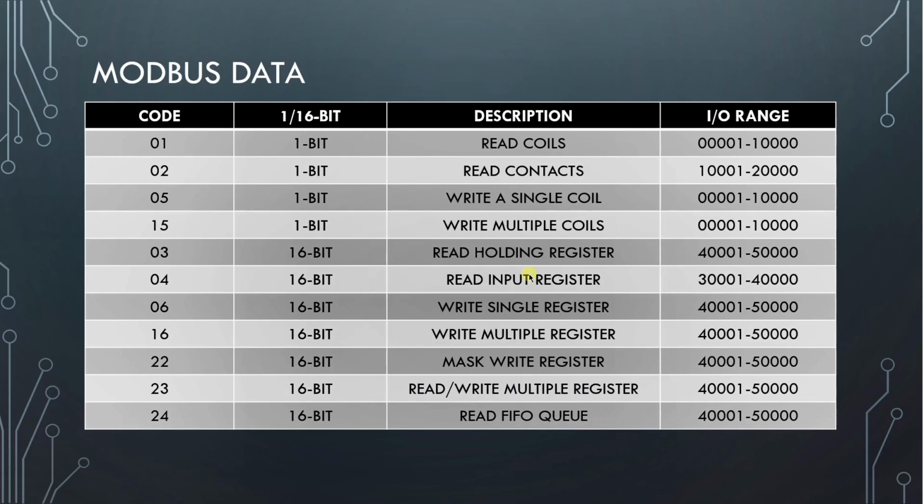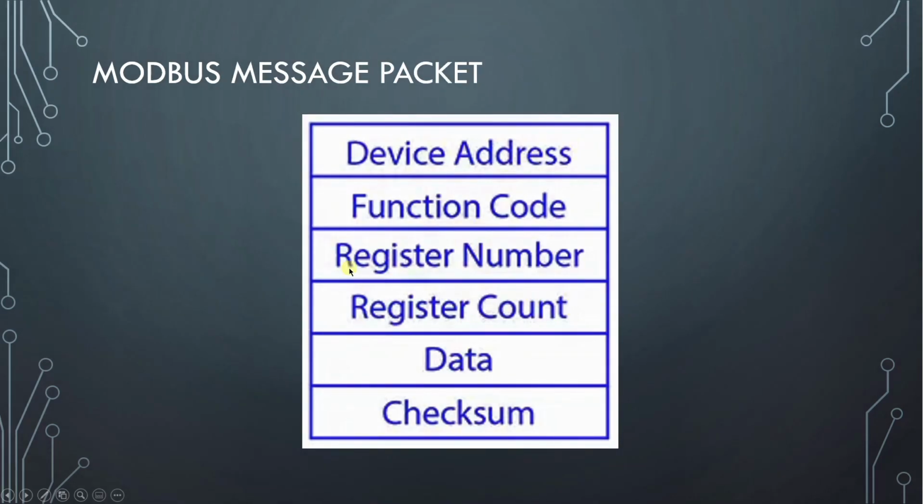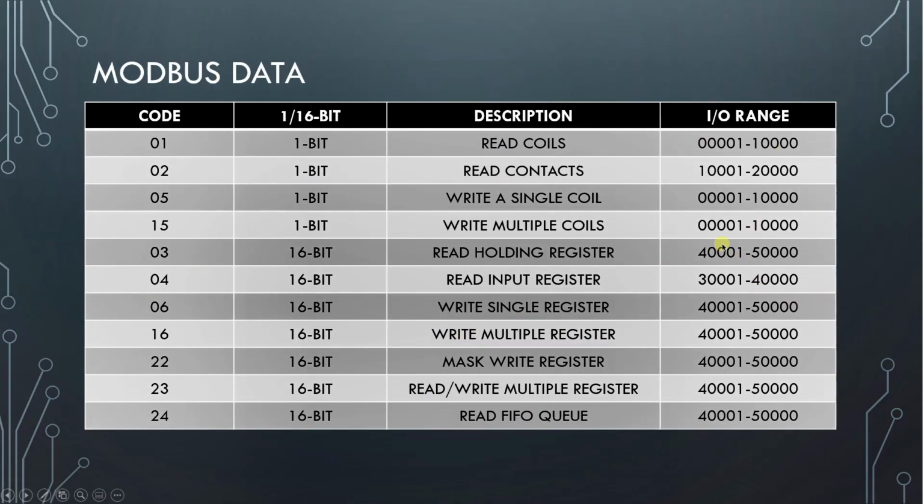So as you saw before, there was a function code here, which is these codes, and all of these IO ranges, which come to the register number and the register count, and what the data was, which is stored in one of these registers. So you have multiple holding registers.